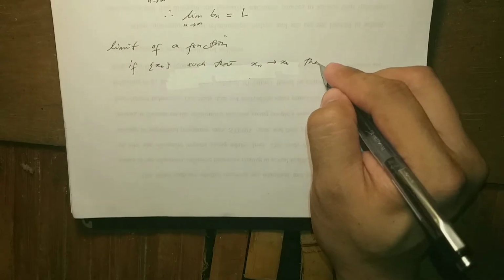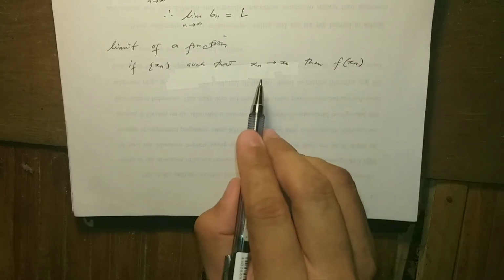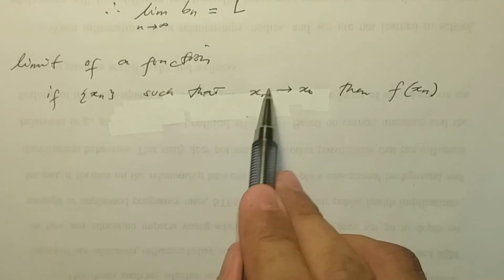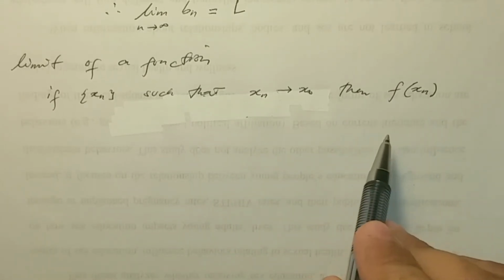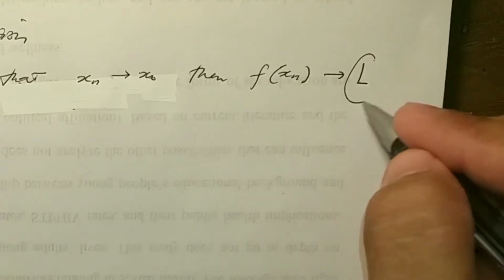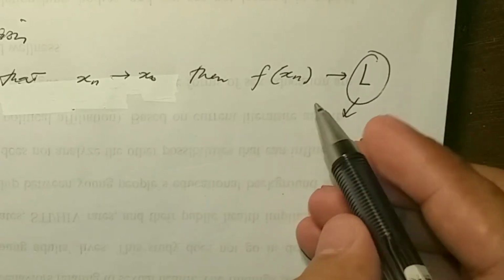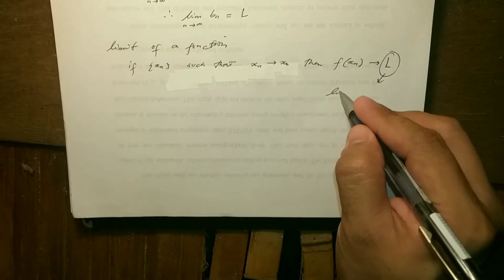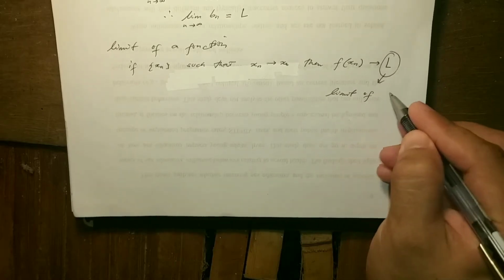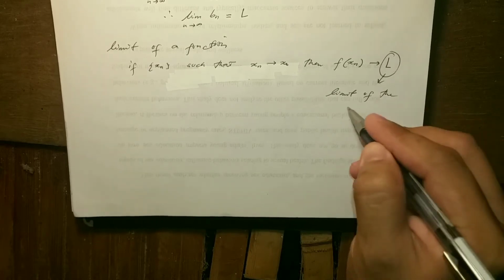So then if we input each term of the sequence to the function, the function tends to L. Now this L is what you call the limit of the function.